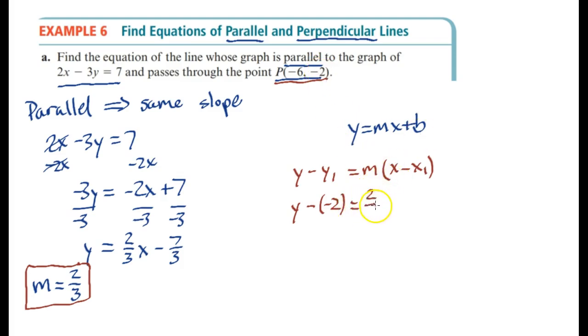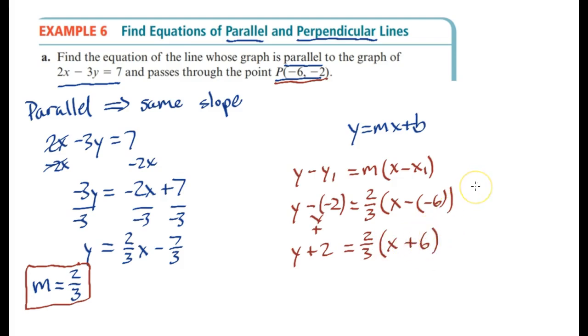M is 2/3, and then x, that's just x, that's our variable, minus, and again we're subtracting a negative number. And this gives us plus, so we have y plus 2 equals 2/3 times (x plus 6).